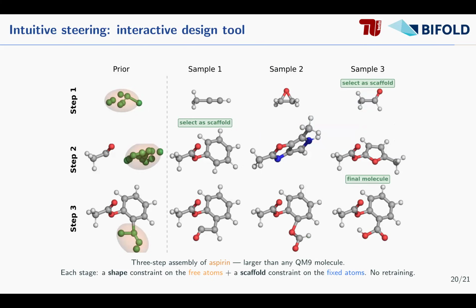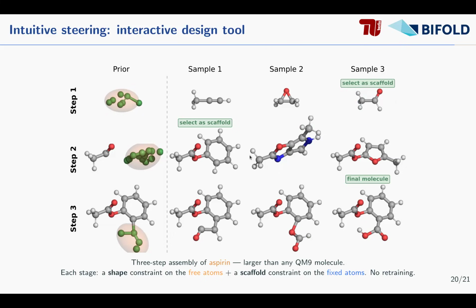build up our target molecule. We start with some shaped prior structure. Then we generate a couple of samples. Here are three different samples. We select one of those samples as a scaffold for the next step, remove this one hydrogen atom here, and place a shaped prior next to it, which in this case is a disk-shaped prior.